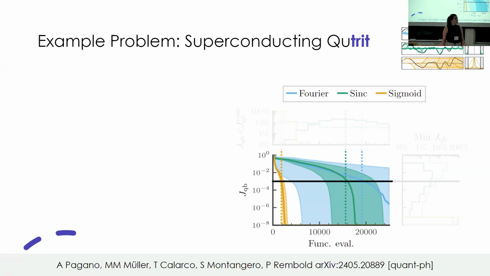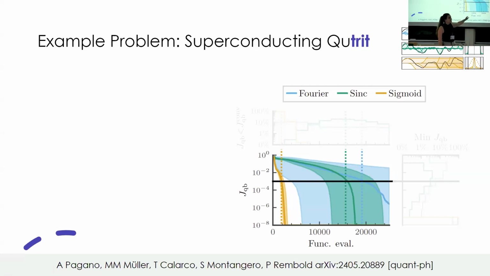And actually, the Fourier basis especially has this super broad shaded area around it, which basically describes the potential optimizations you had here. Oh, I should have told you, for each of those we did, I think, 10,000 optimizations.